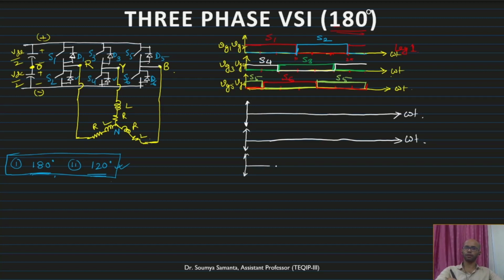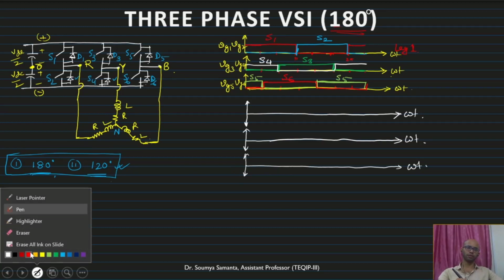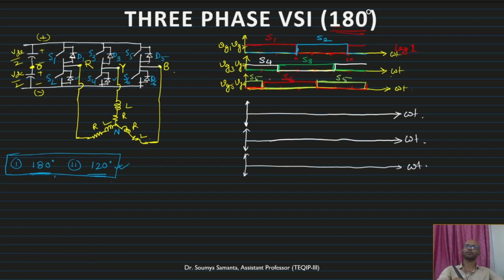Now again this is omega t. So now what will be the pole voltages for the red phase, R phase pole voltage? First, whenever S1 is turned on, obviously this is connected to the positive DC bus. So we will get VDC by 2, 0.5 VDC.